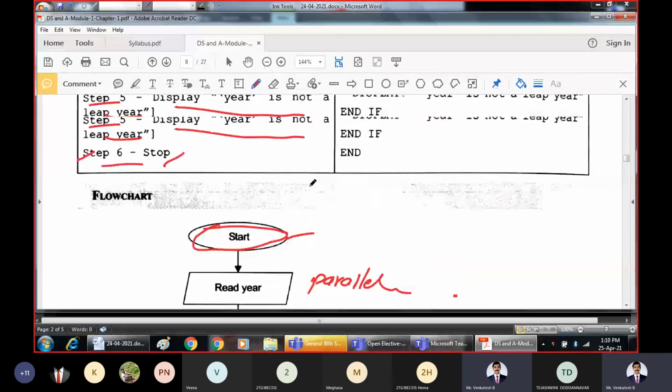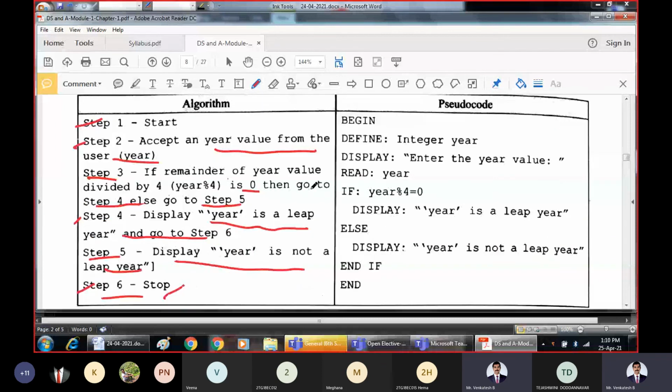Right? Now after the algorithm and flowchart, let us write the pseudocode for that. This is nearly equivalent to assembly level language. Define a variable called year to store the year whatever the user is entering. Ask the user to enter the year. That is, just display a message to the user saying to please provide the number for the year which you want to find whether it is a leap year or not.